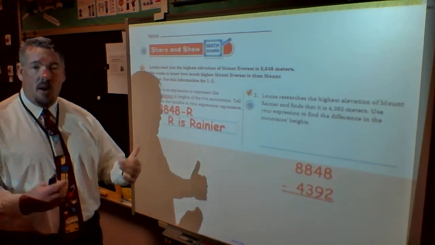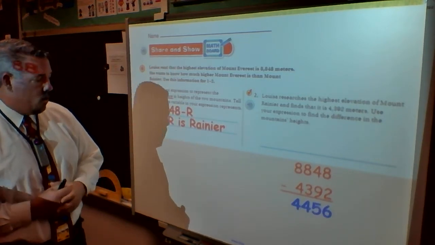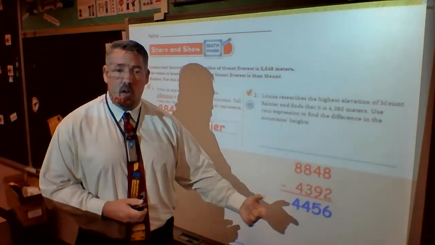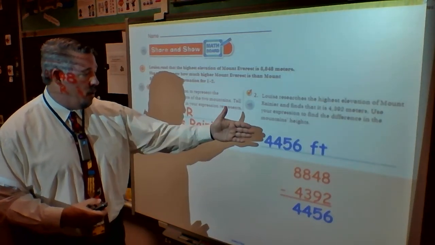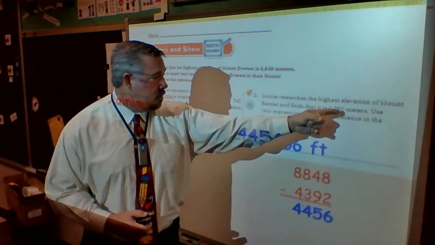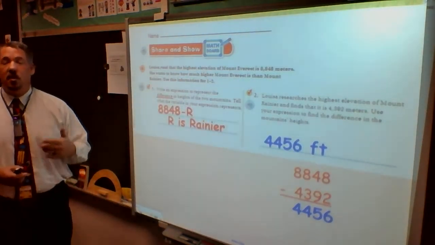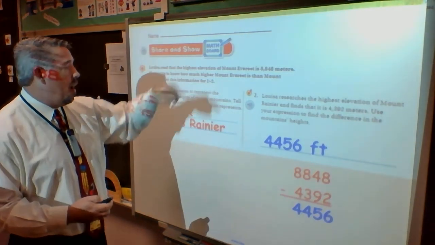So then it's a straightforward subtraction that you've been doing for the past 4 years of your life in school. I'm going to subtract the 2 and I see that I have 4,456. So I know Rainier is 4,456. I put feet. It actually is meters, so it should be an M. Well, 4,456 meters shorter than Mount Everest.